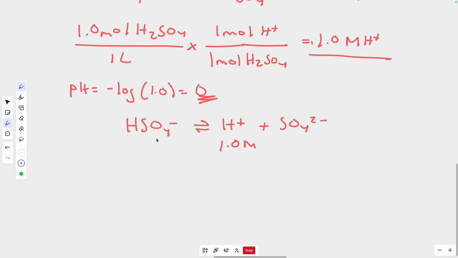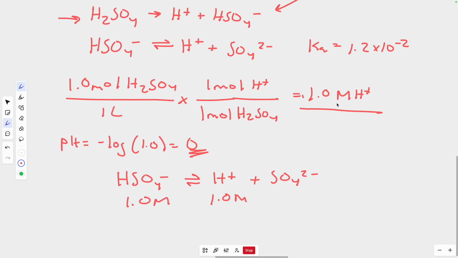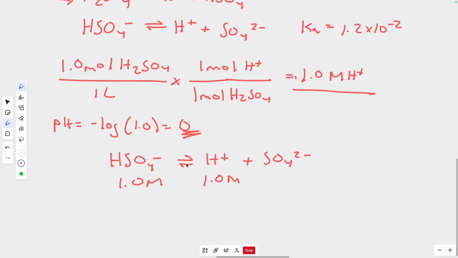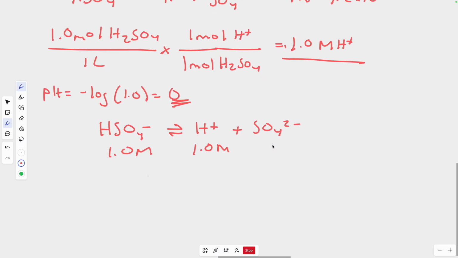The concentration of HSO4 minus is also going to be 1 molar, because if you do a similar calculation to the one over here, substituting HSO4 minus for H plus, we'd get 1 molar HSO4 minus. So we're producing both 1 molar H plus and 1 molar HSO4 minus. And then the concentration of SO4 2 minus is 0.